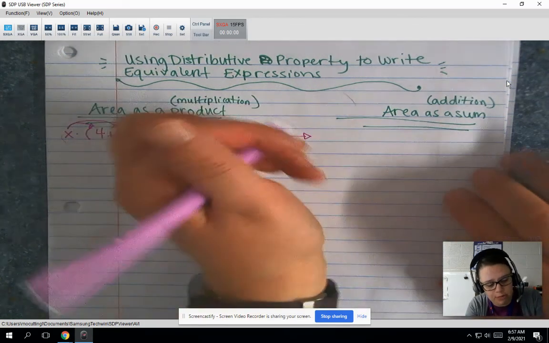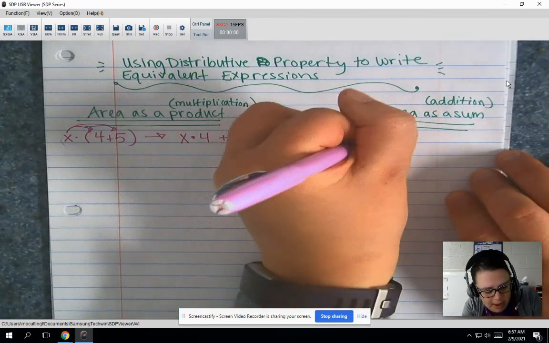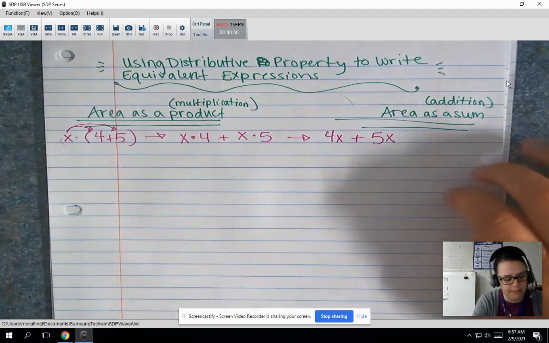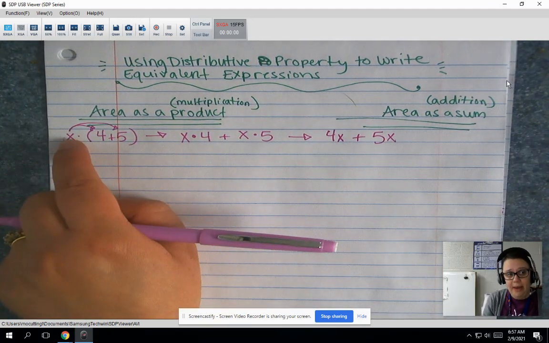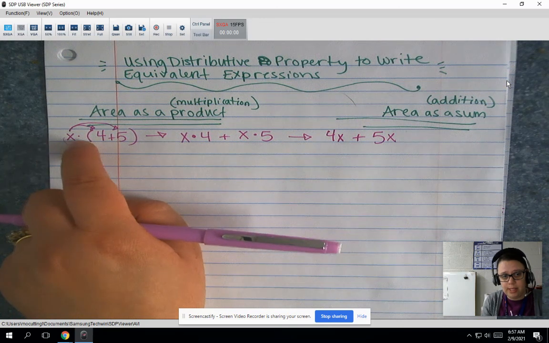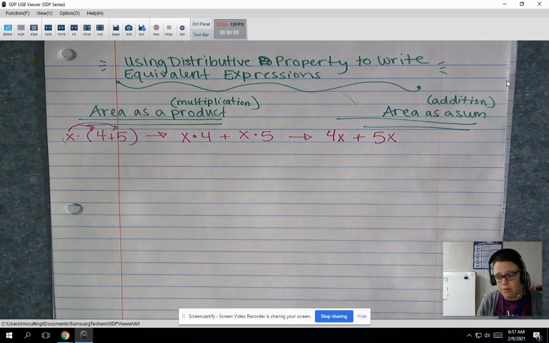X times 4, we just write that as 4x, plus x times 5, we write that as 5x. So I am distributing, I'm passing out this with the times sign, I'm writing it with the times sign, and then I'm writing it a little more formally, a little more algebraically.